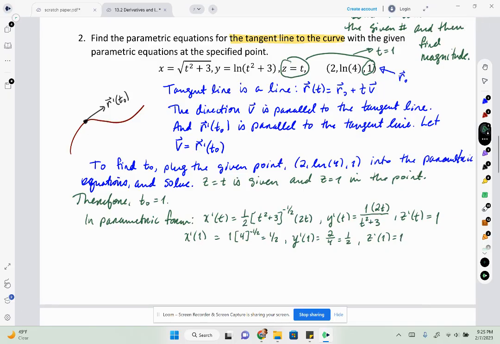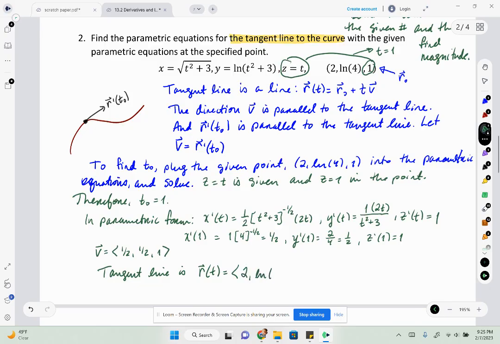So now I have a v vector. V is equal to the vector with components 1/2, 1/2, and 1, which means the tangent line is r of t equals r naught, which I said before was the point that was given, 2, ln of 4, 1, plus t times the v that we just found, which is equivalent to r prime of t naught, with components 1/2, 1/2, and 1.